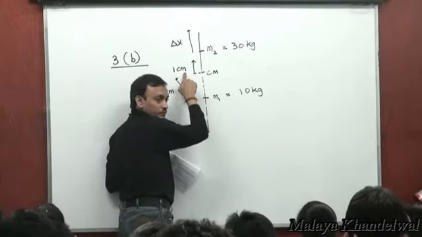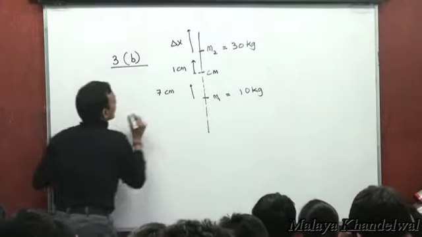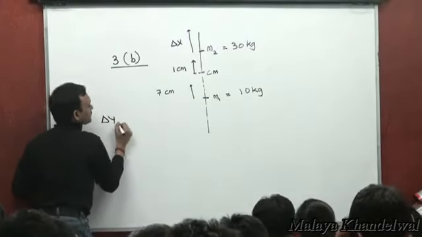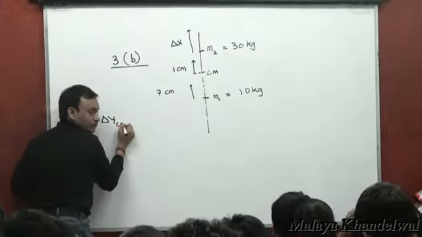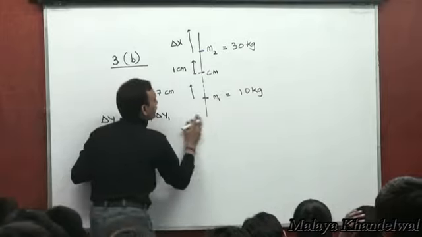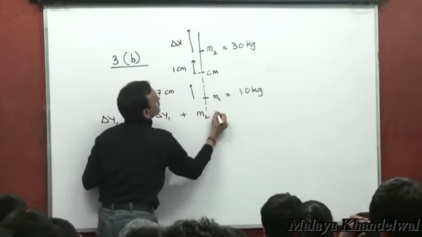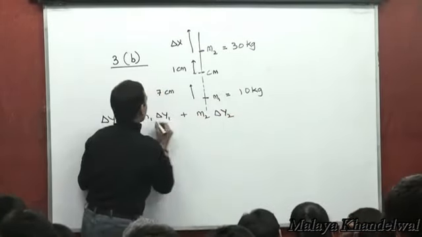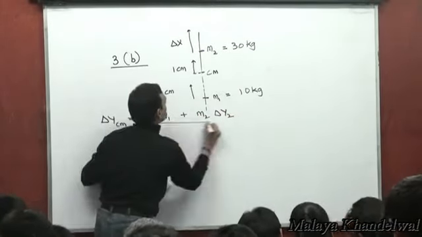such that the shift in the center of mass is 1 centimeter, right? So vertical shift in the center of mass would be m1 into vertical shift of m1 plus m2 into vertical shift of m2 divided by m1 plus m2. Yes or no?